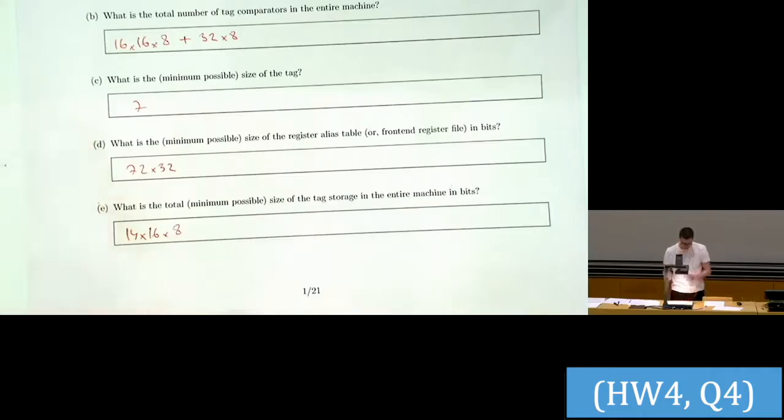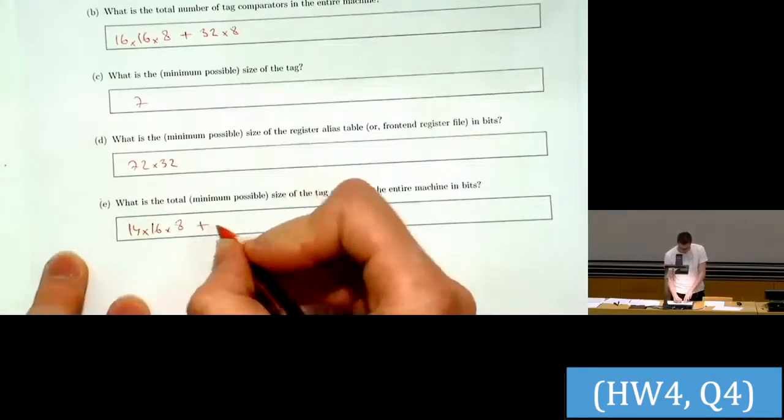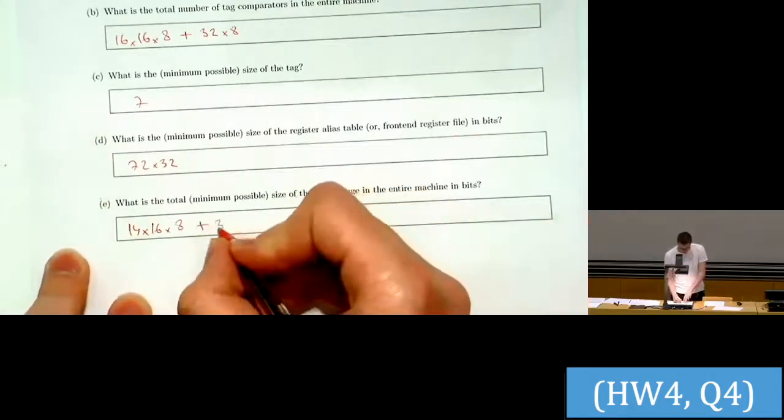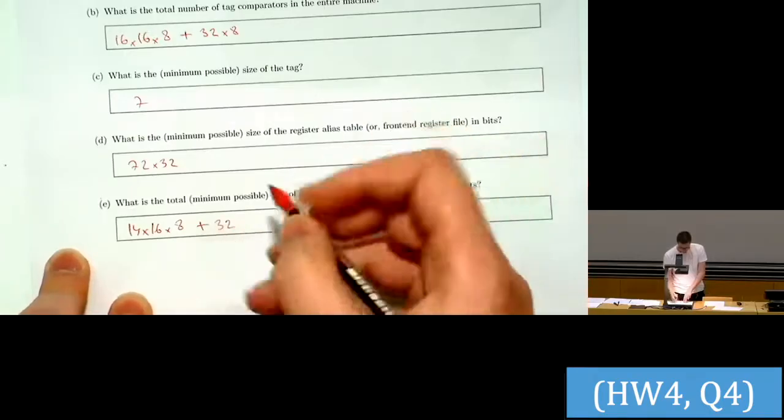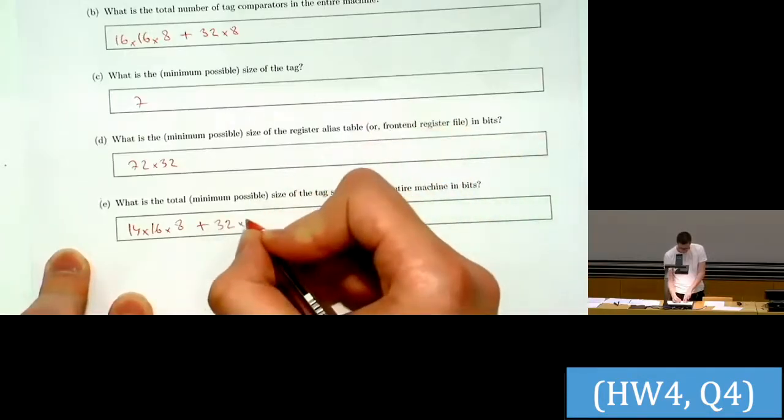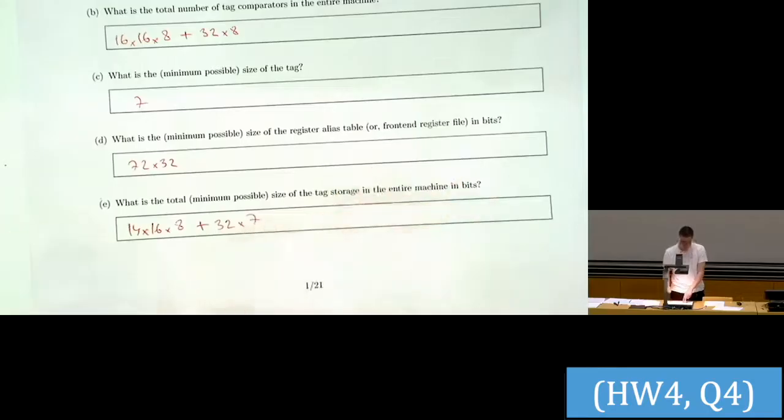So this is the tag storage for the reservation stations, plus the tag storage for the register alias table, which is 32 multiplied by 7, right? We have only 7 bits in each entry, okay?